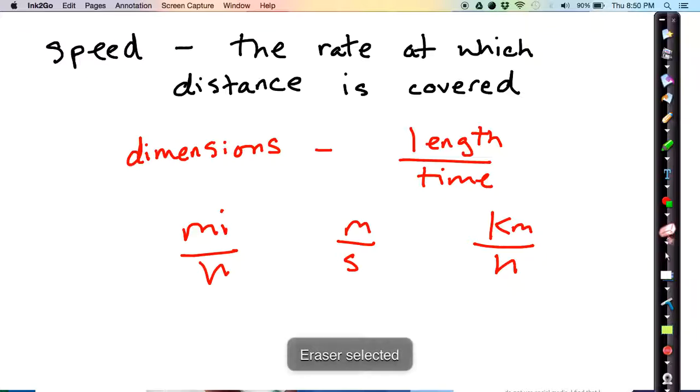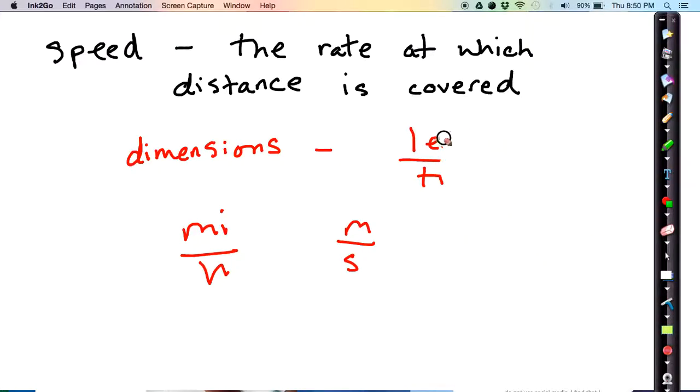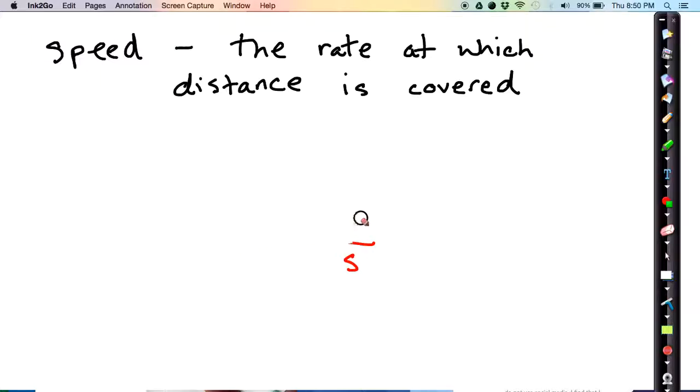Now, when we measure speed, there are a couple of different ways that we can describe what we're measuring. In particular, we can describe instantaneous speed, or we can describe average speed. So let's take a look at the difference between the two. Now, the word instantaneous suggests instant.